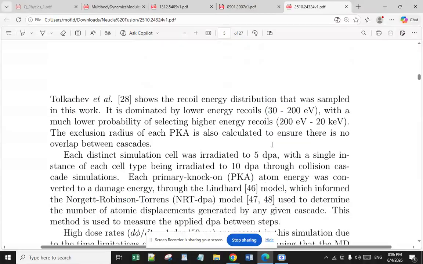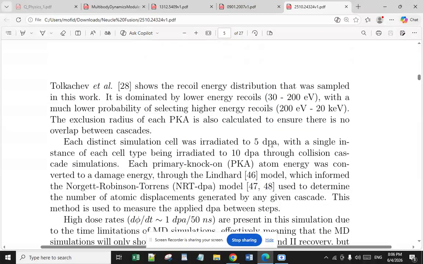Appendix A of Tolkachov and his colleagues shows the recoil energy distribution that was sampled in this work. It is dominated by lower energy recoils, which is between 30 to 200 electron volt, with a much lower probability of selecting higher energy recoils, which is between 200 electron volt to 220 kilo electron volt.